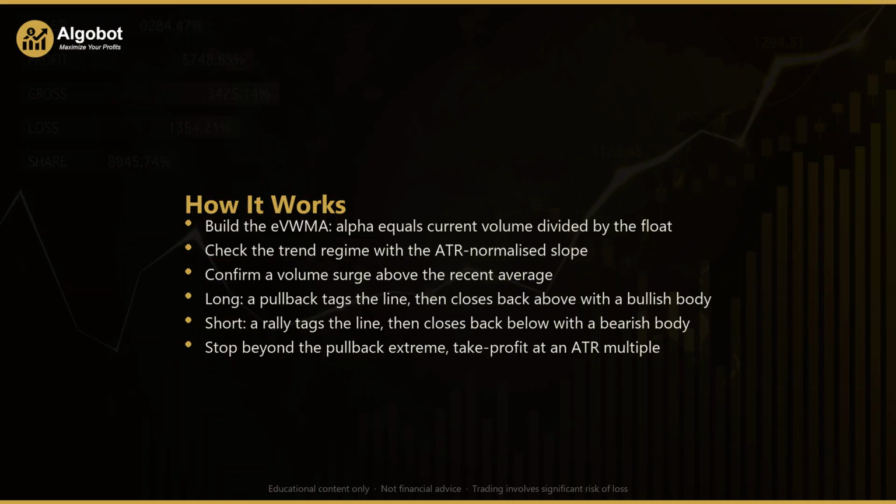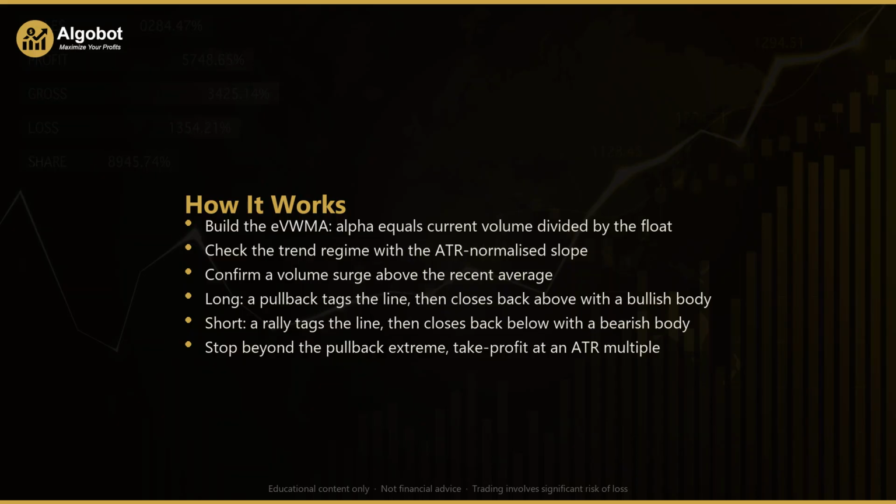Let's break down exactly how the Elastic Volume Trend Rider makes its decisions. Everything begins with the Elastic Volume Weighted Moving Average, or eVWMA. Unlike a standard moving average that uses a fixed smoothing speed, this line adapts on every bar. The strategy first sums the tick volume over the last 20 bars, a value called the float.